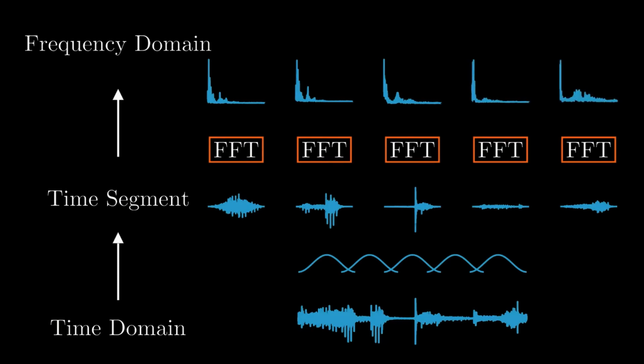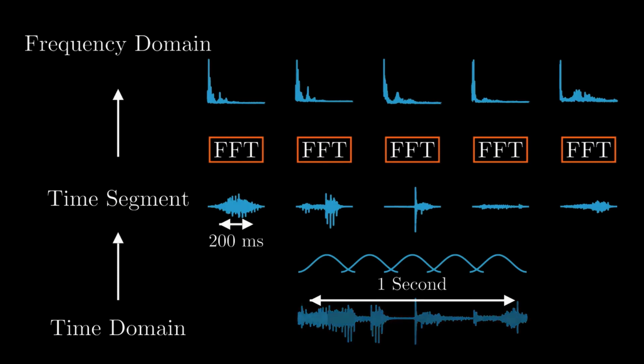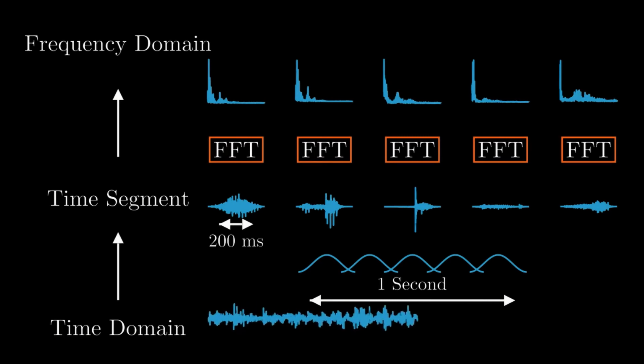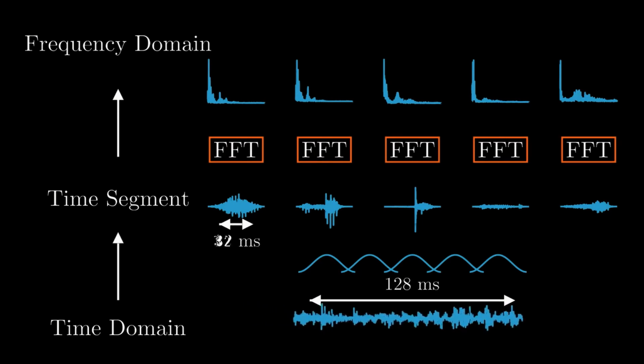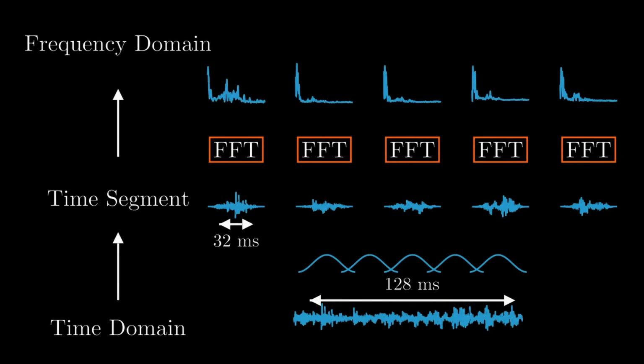For better visualization, we used a signal length of 1 second, resulting in windows of 200 milliseconds. However, in speech processing, we usually use shorter windows due to the non-stationarity of our signal. Let's look at only 128 milliseconds, such that our windows result in a length of 32 milliseconds, a common length for speech analysis.